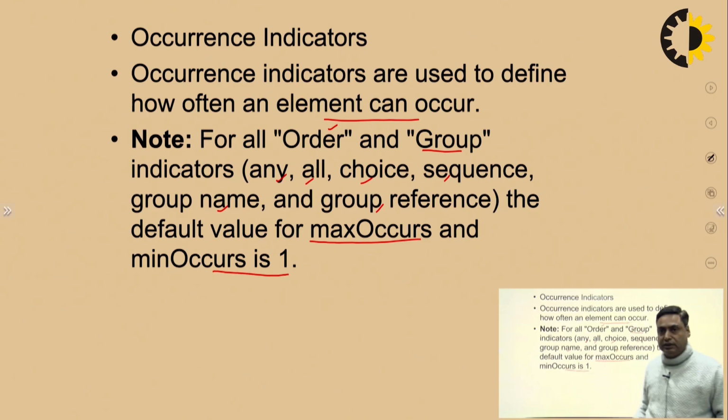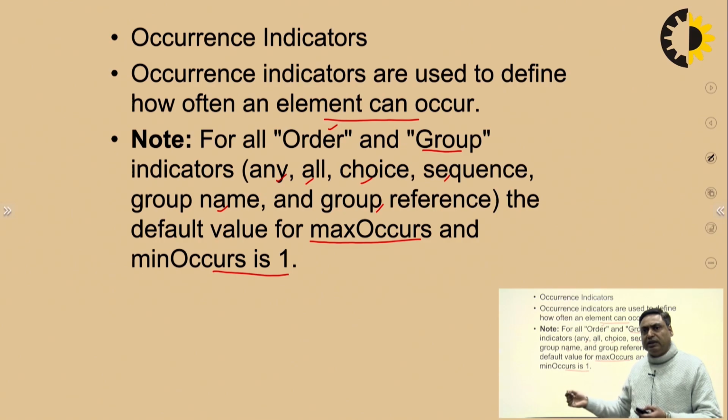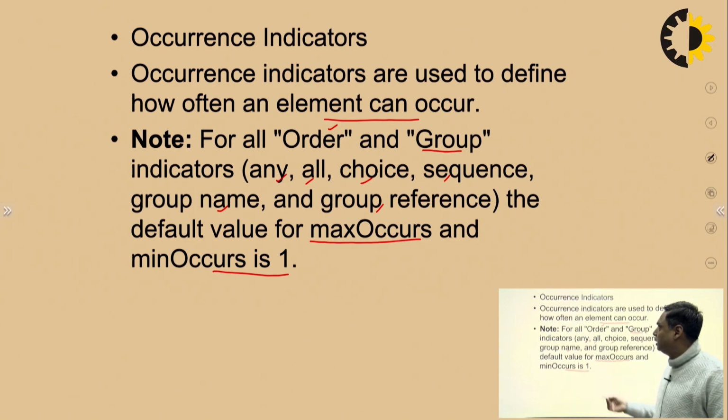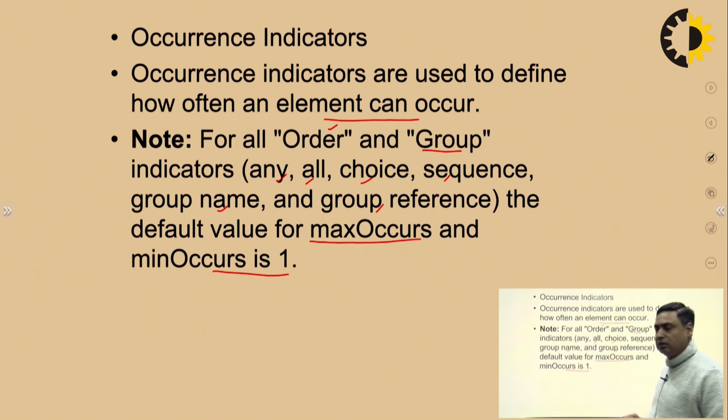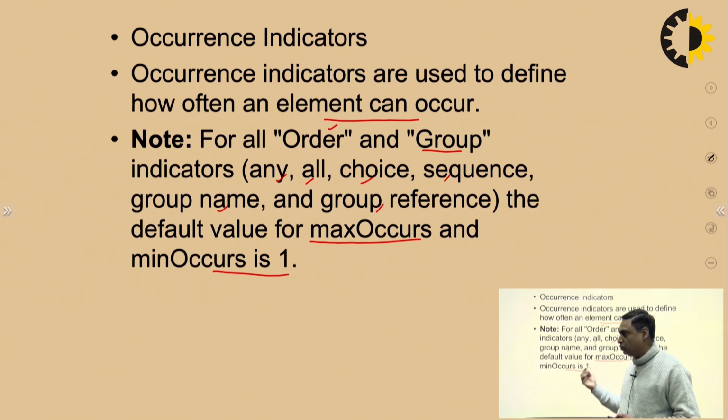We can change them afterwards with the help of min occurs and max occurs, but the default value is 1 for both. In different words, for any, all, choice, sequence, group and group reference, the value of max occurs is 1 and the value of min occurs is also 1.